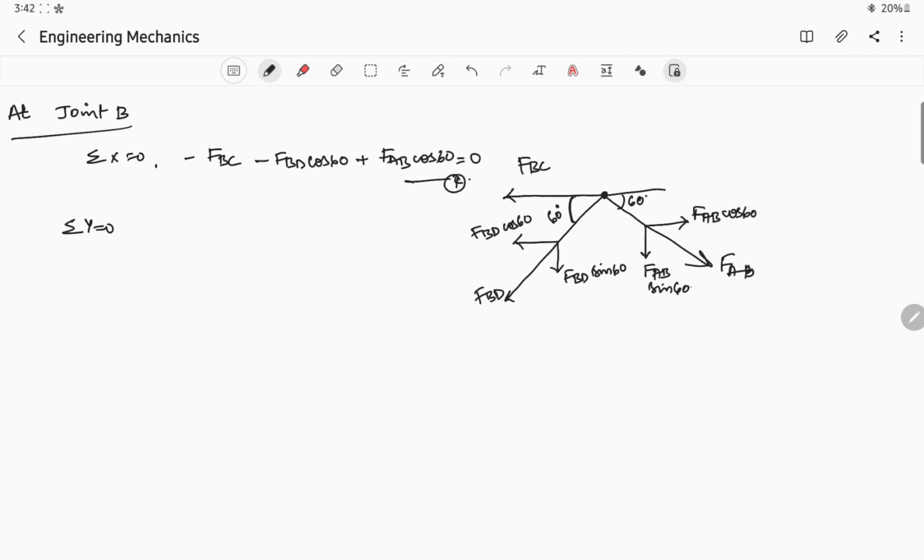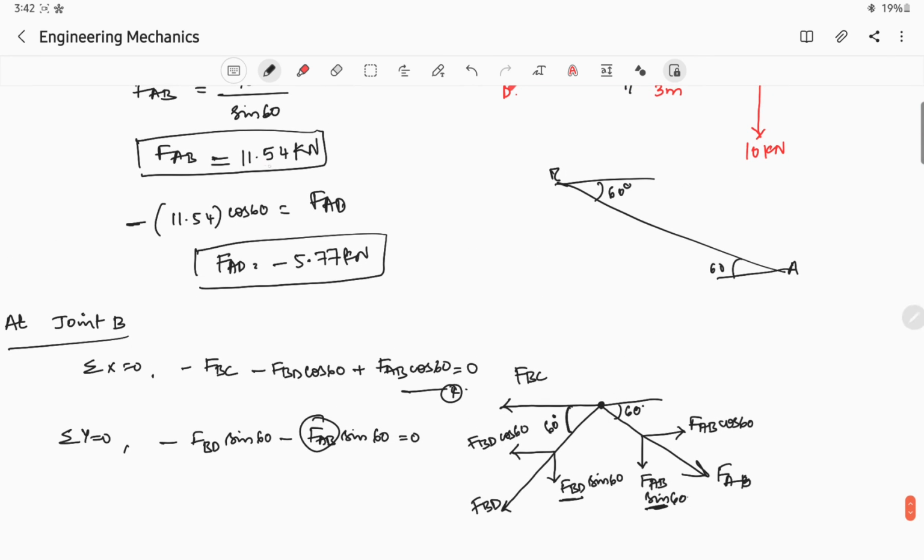Next, sigma y is equal to 0. Vertical forces: you can see we have two vertical forces and both of them are going in the downward direction. That is, FBD is going downward and FAB is also going downward. That is minus FBD sin 60 minus FAB sin 60 is equal to 0. We know the value of FAB. Force in member AB is 11.54, we have calculated just now.